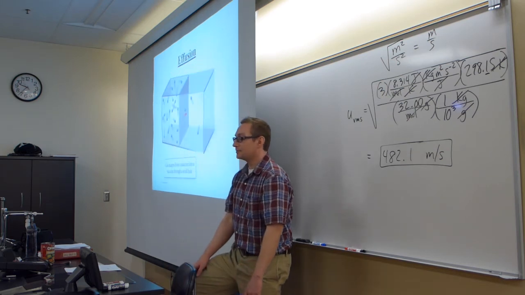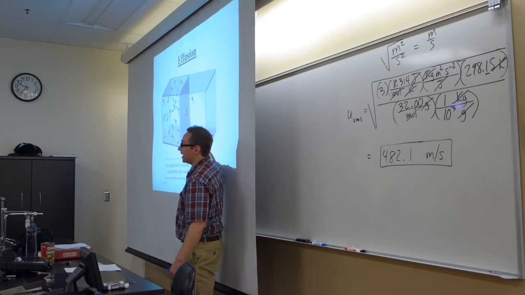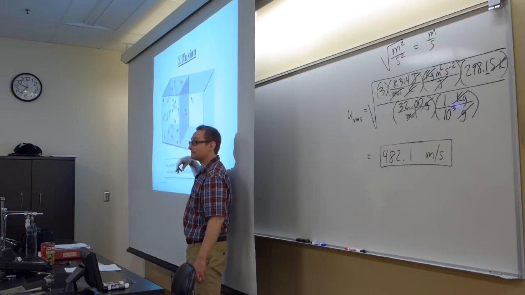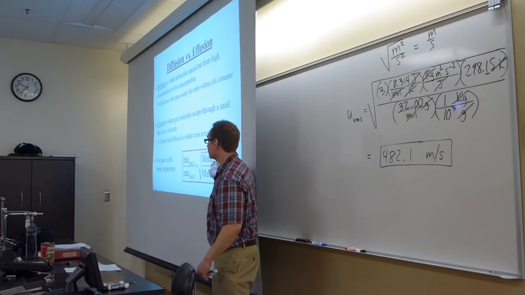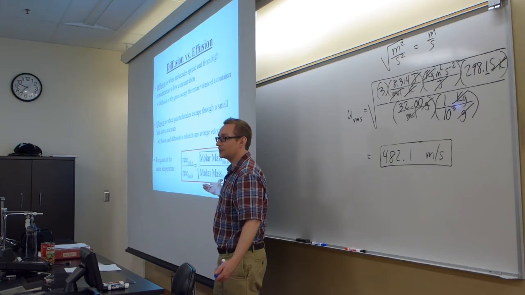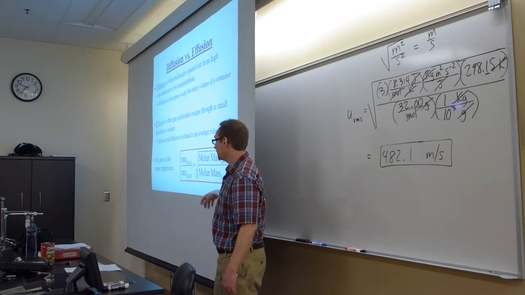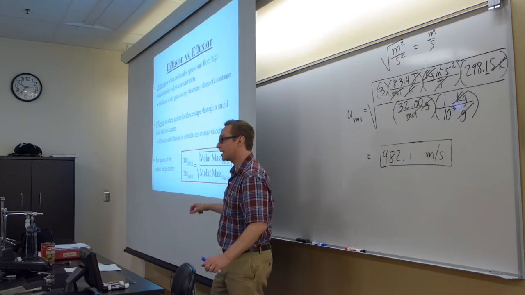Here's a diagram showing the idea of effusion. What was that equation for again? Sometimes they call this Graham's law. It's just the rate of effusion, or the effusion equation. But I think in your textbook, maybe they call it Graham's law after the scientist Graham.